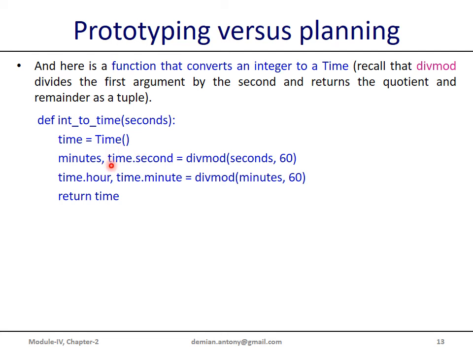This goes to the new object time.seconds. Next we apply divmod on minutes, dividing by 60, that is integer division as well as modulus operator, and we get a tuple, time.hours and minutes, which are assigned to the new object. Finally we return the new time object named time.